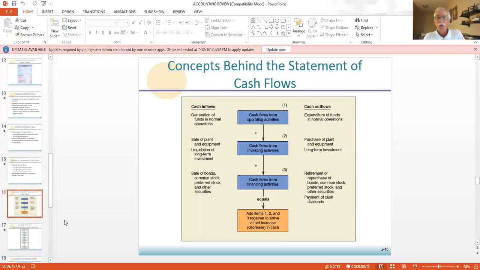We would have these sorts of activities driving operating cash flow, investing activities, as well as financing activities. You're advised to look closely at this particular diagram, which can also be found in your text.